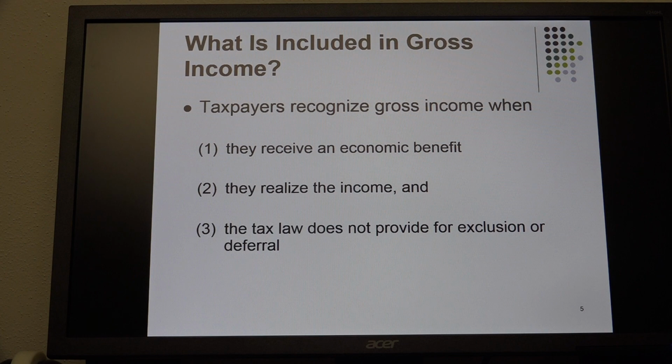Notice no cash has changed hands, but yet that's a taxable transaction, and they may not have the wherewithal to pay the taxes. So again, this is not foolproof.